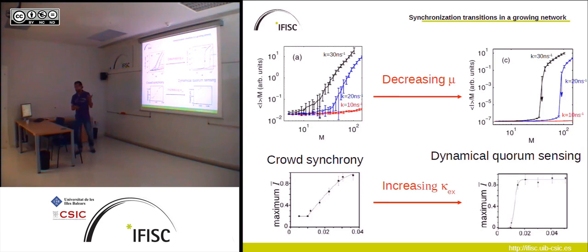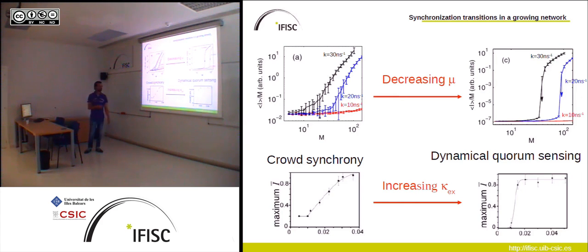At this point, with this new model, the old model that we have for the semiconductor lasers, we studied how these transitions depend on different parameters of the system, especially what happened with the coupling term, the coupling strength, and delay.